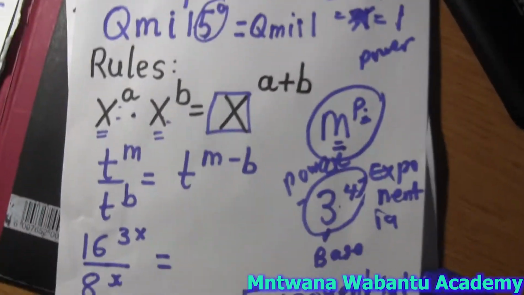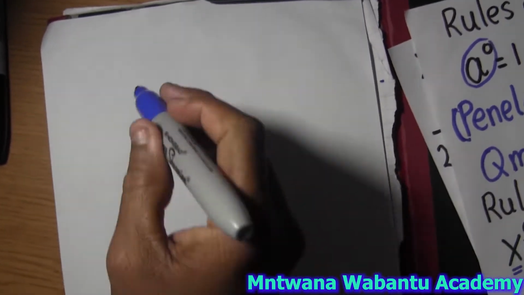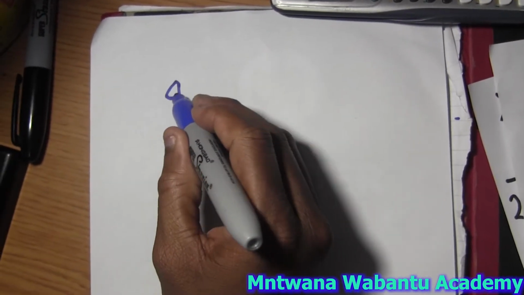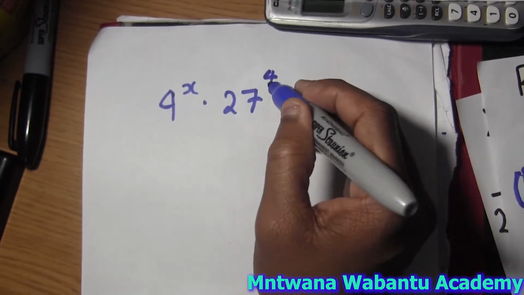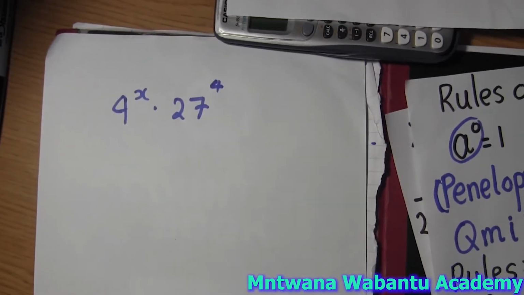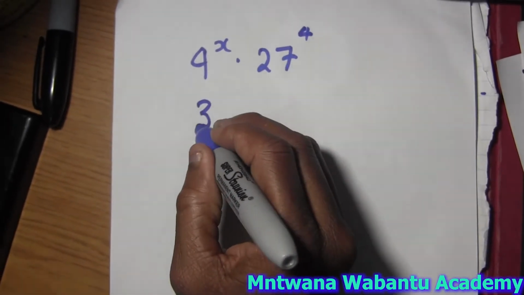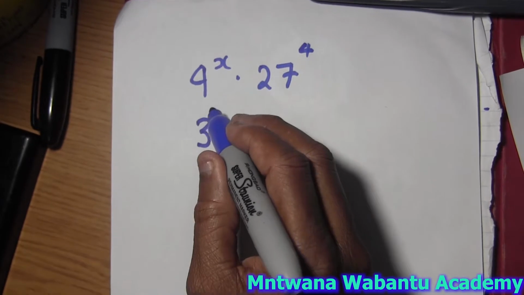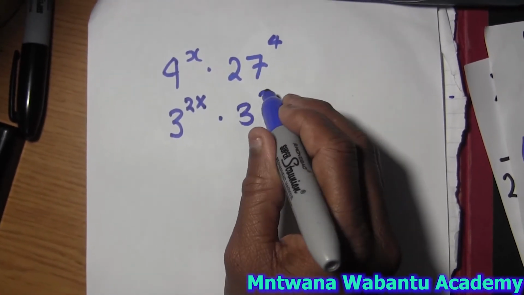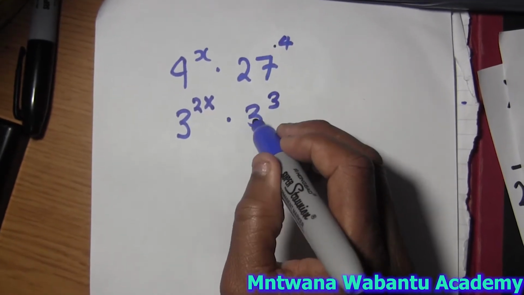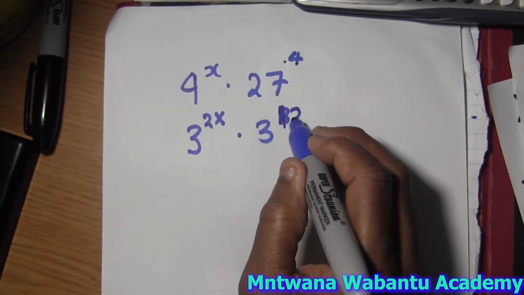For example, if somebody gives you 9 power x times 27 power 4, the bases are not the same, but how do I make them the same? It's easy. 9 is 3 power 2, so 9 power x becomes 3 power 2x, and 27 is 3 power 3, so 27 power 4 becomes 3 power 3 times 4, which is 12.